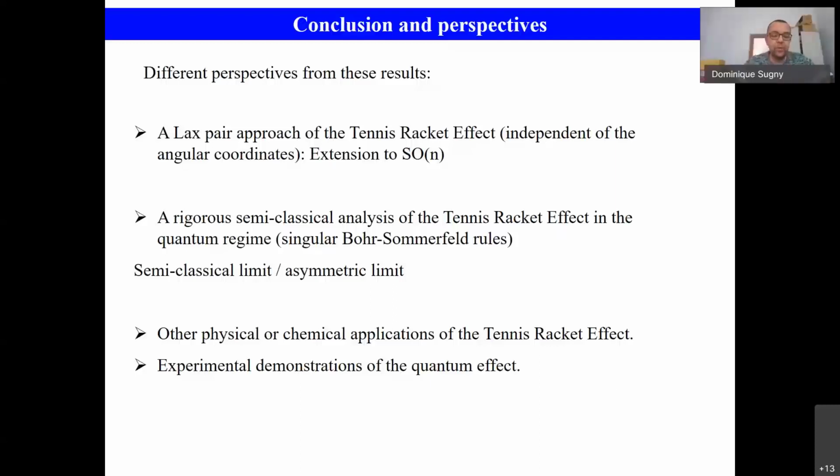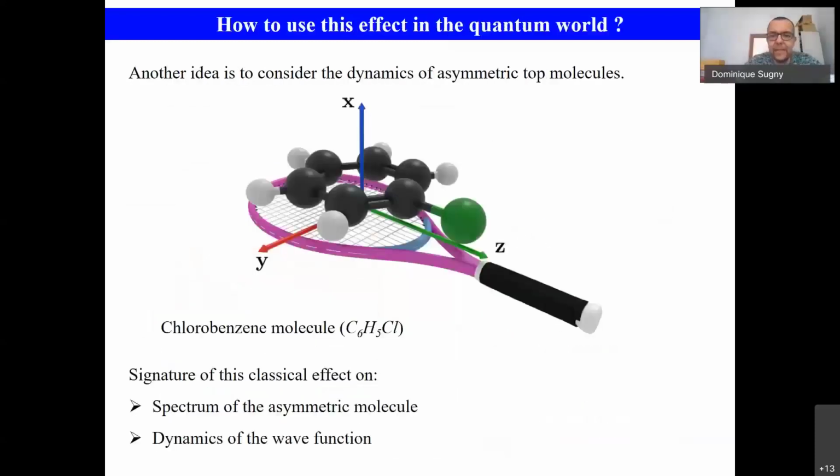So it's a good question. For the moment, for the chlorobenzene, it's a fundamental question. The idea is just to be sure that we can show from the experimental point of view, to verify, that the tennis racket effect exists for this kind of asymmetric top molecule. Even if we can make some numerical simulations, it's just a challenge from the experimental point of view. So for the moment, it is just to try to realize this kind of dynamics with some specific laser fields.